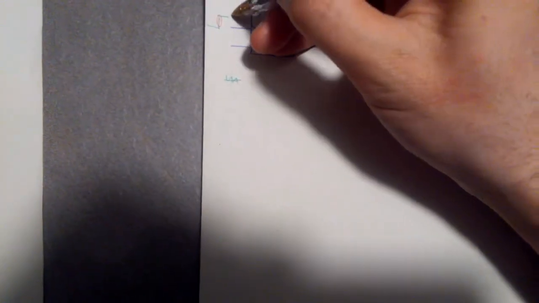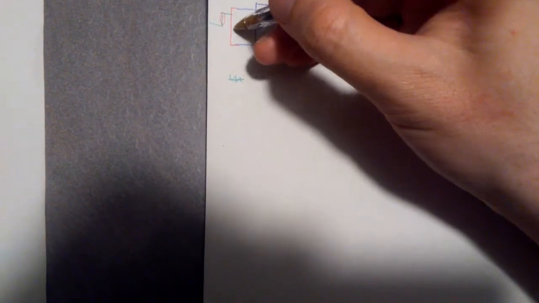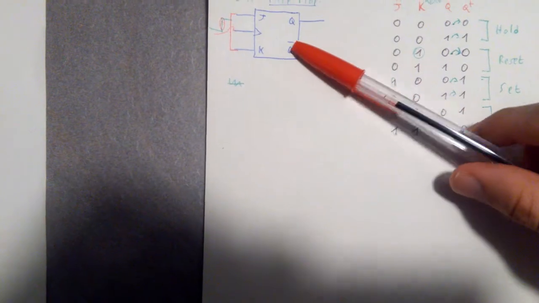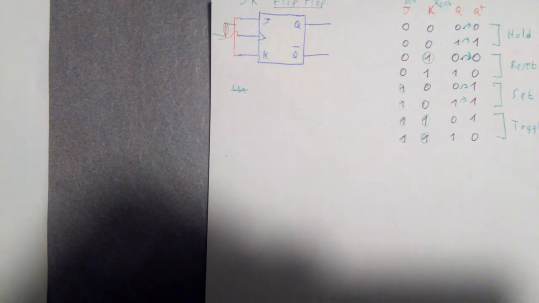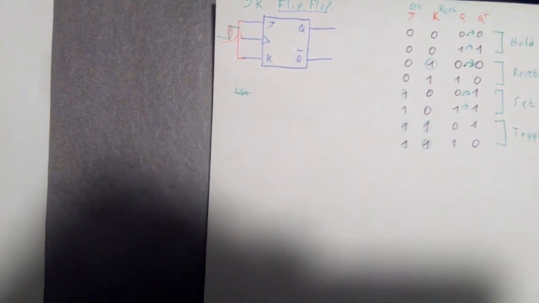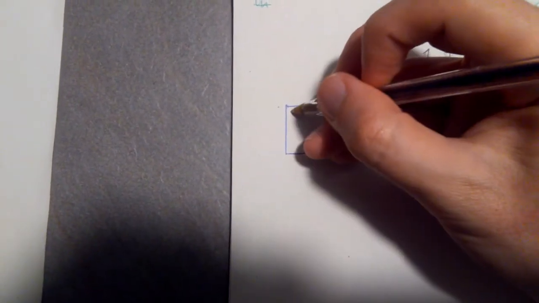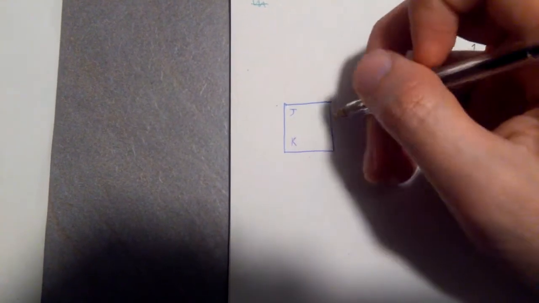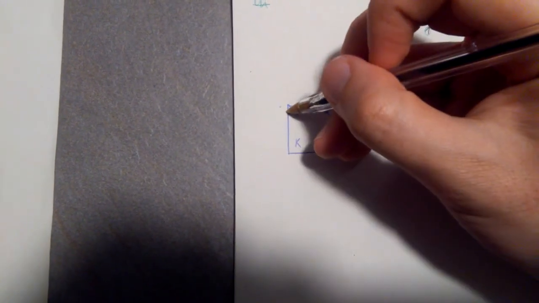If we connect those two together, the J and the K, we can create another flip-flop, which is the toggle flip-flop. So let me redraw this to make things a little more clear. I redraw this like this, with this one as J, this one as K, Q, Q naught.